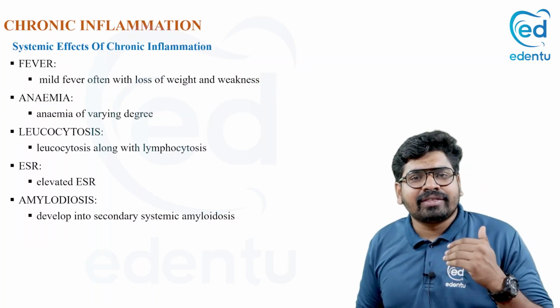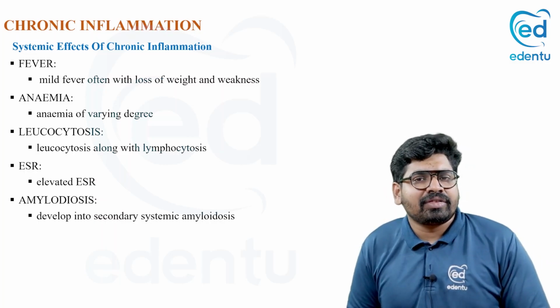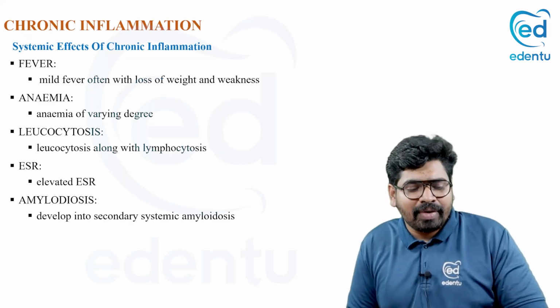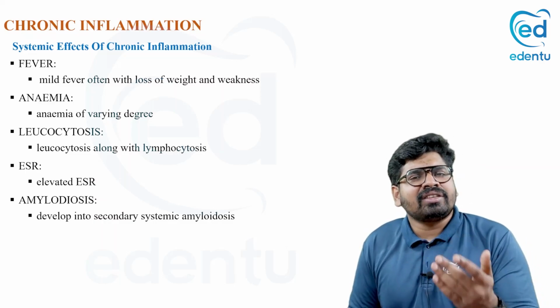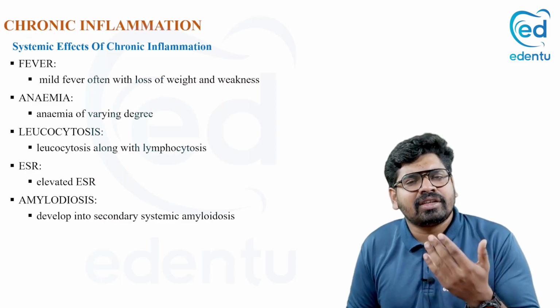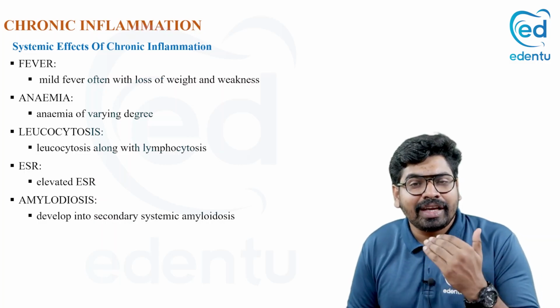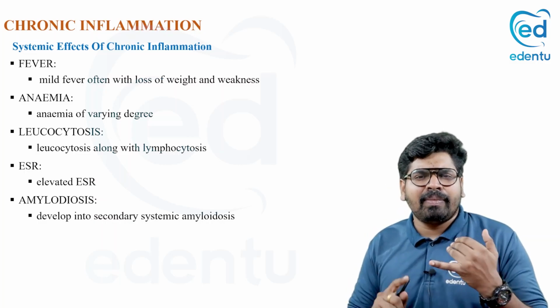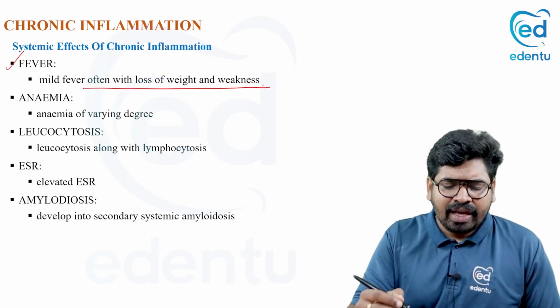Now what are the other systemic conditions you can see in a person with chronic inflammation? Can you imagine a person with TB? He is having chronic inflammation. What can you expect in him? He may be having a fever, weight loss and weakness.